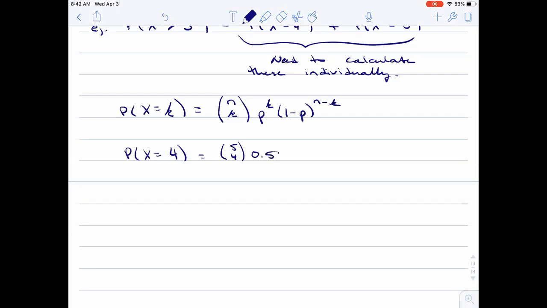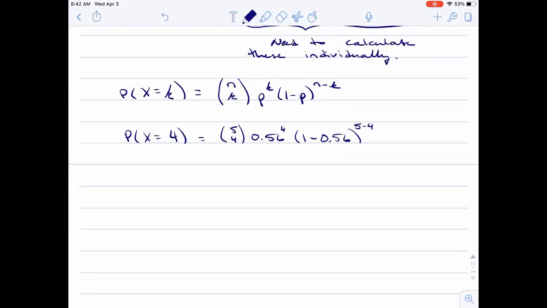So times 0.56 to the power of 4 times 1 minus 0.56 to the power of 5 minus 4. 5 choose 4 is 5.